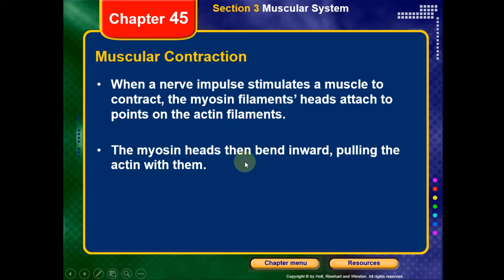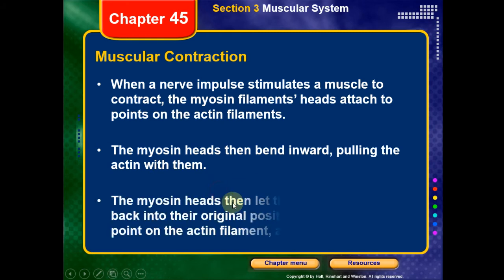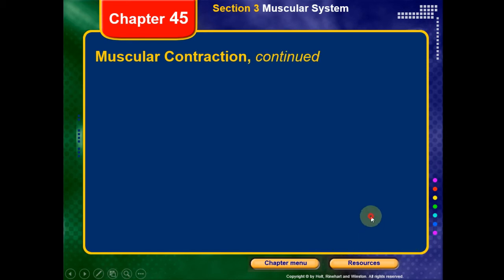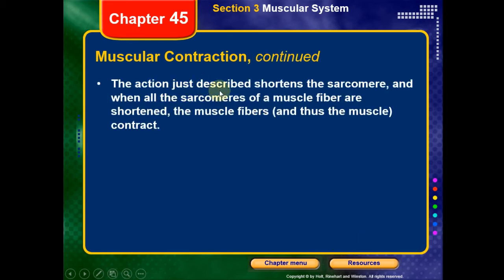The myosin heads then bend inward, pulling the actin with them. The myosin heads then let the actin go, bend back to their original position, attach to a new position on the actin, and pull again. The action just described shortens the sarcomeres, and when all sarcomeres of a muscle fiber are shortened, the muscle fiber, and thus the muscle, of course, contracts.